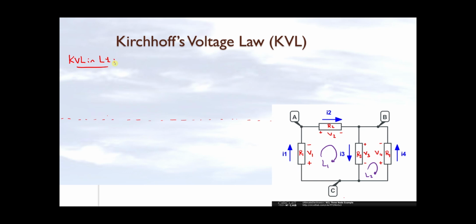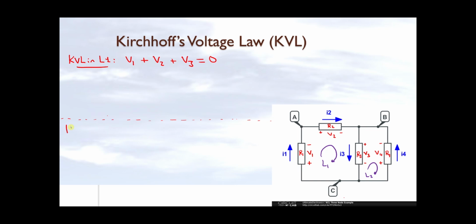When I go over the elements in loop 1 clockwise, so I start from the far left, I have plus V1, plus V2, and then plus V3, and this completes the loop. So summation of V1 plus V2 plus V3 equals to 0. And this is the KVL equation for loop number 1.